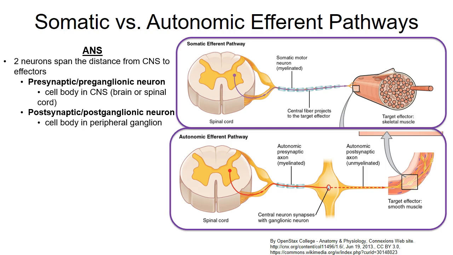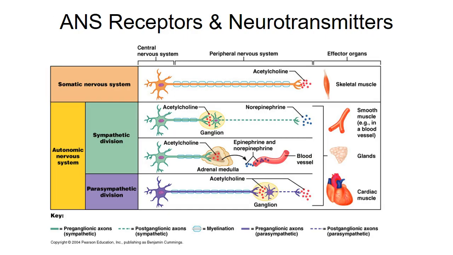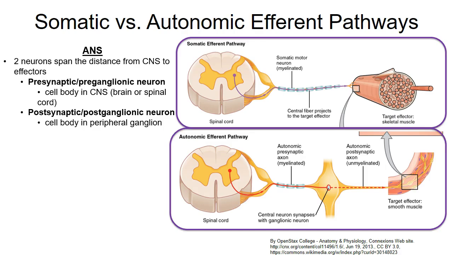The cell body for the postganglionic neuron starts in the peripheral nervous system, right? So that's one of the major differences between the efferent pathway of the somatic nervous system and the efferent pathway of the autonomic nervous system.